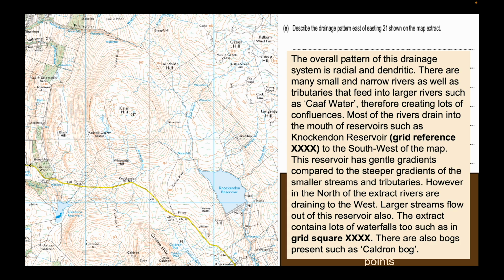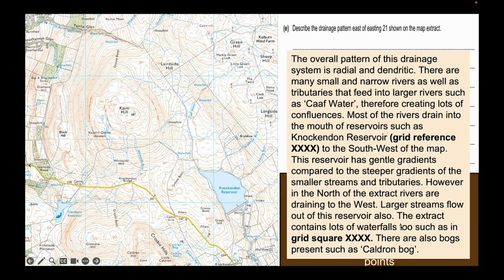However, in the north of the extract, rivers are draining to the west. You can see here, they're going in this direction. Larger streams also flow out of this reservoir too, specifically referring to Knockenden Reservoir. You can see larger rivers are draining from this.